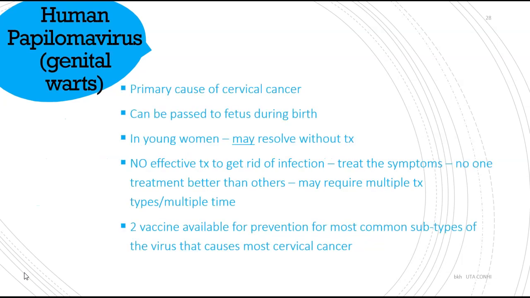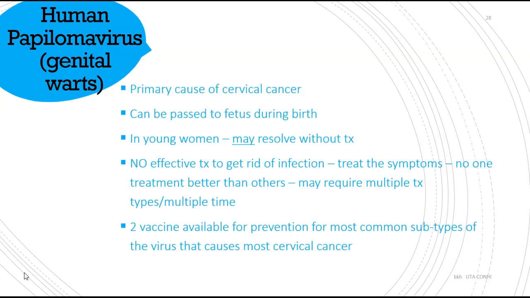HPV is the primary cause of cervical cancer, and this can be passed to the fetus during birth. Sometimes in our young women, this may resolve without treatment, but there's no effective treatment to get rid of the infection. There are 2 vaccines that are available to prevent the most common subtypes.